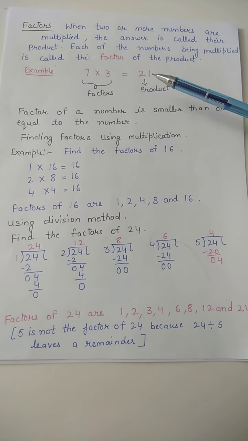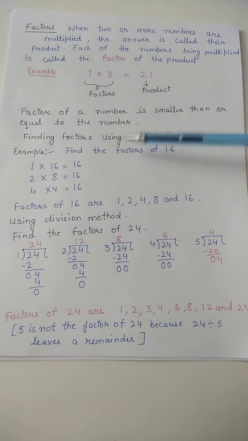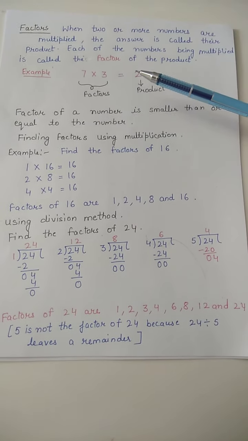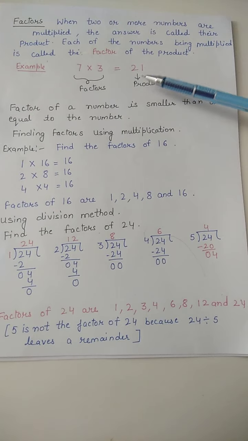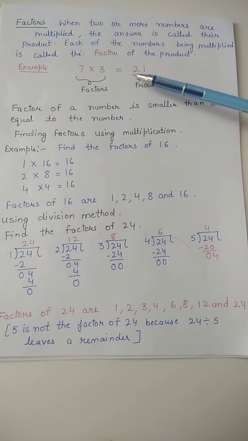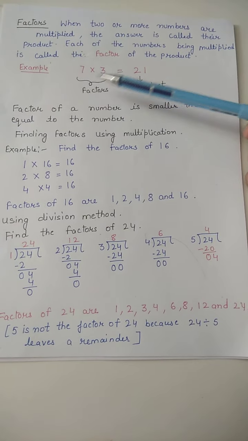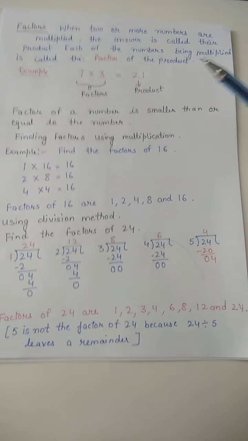So if you are talking about 21, 7 and 3 are the factors of 21. The condition is that a factor can only be equal to or less than the number. Like 21 is a number, and its factors 7 and 3 are less than that, so the factor of a number is smaller than or equal to the number.